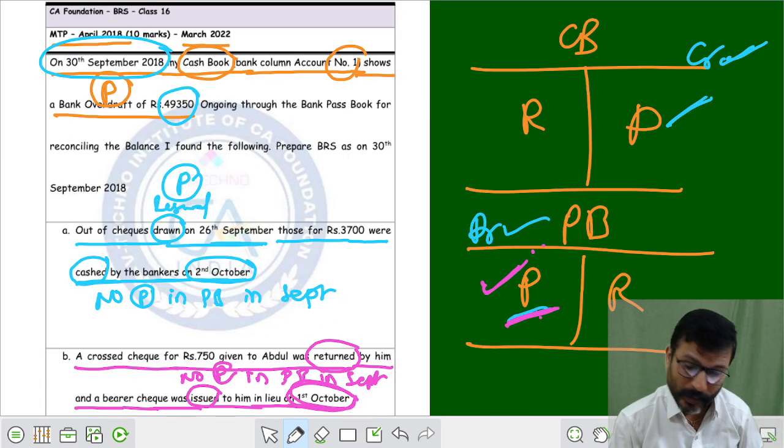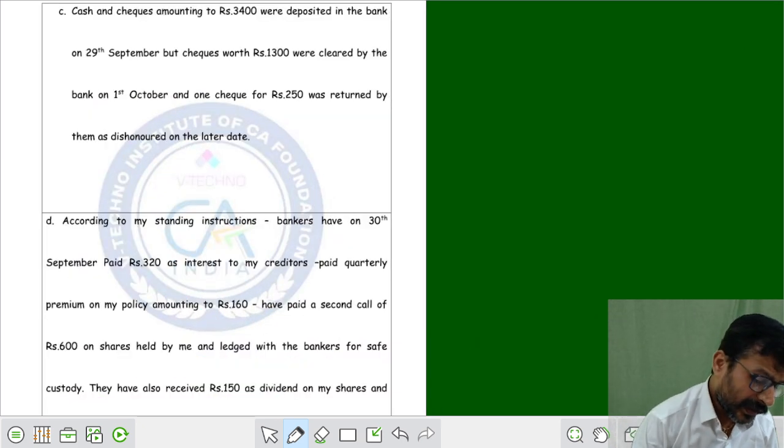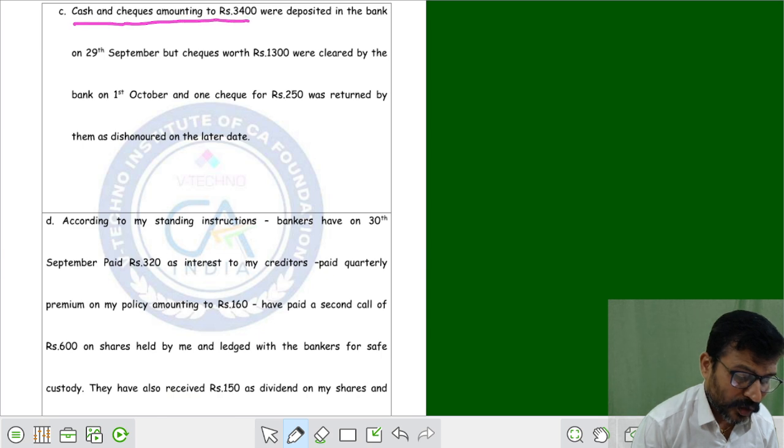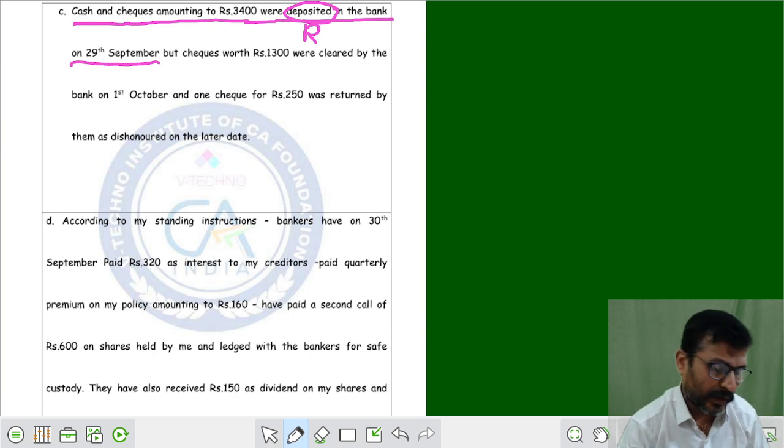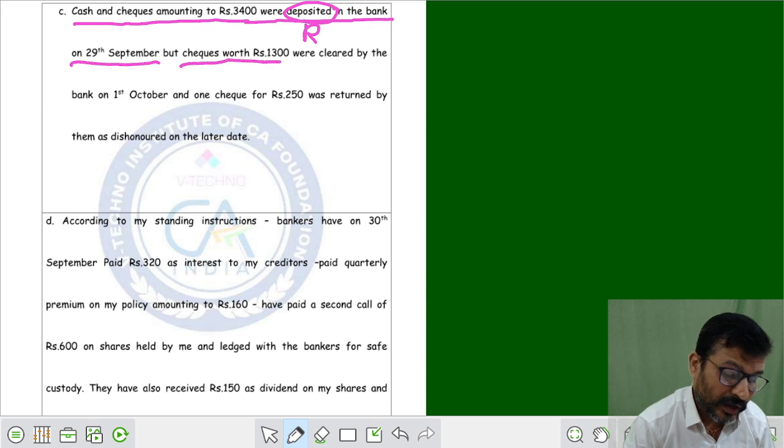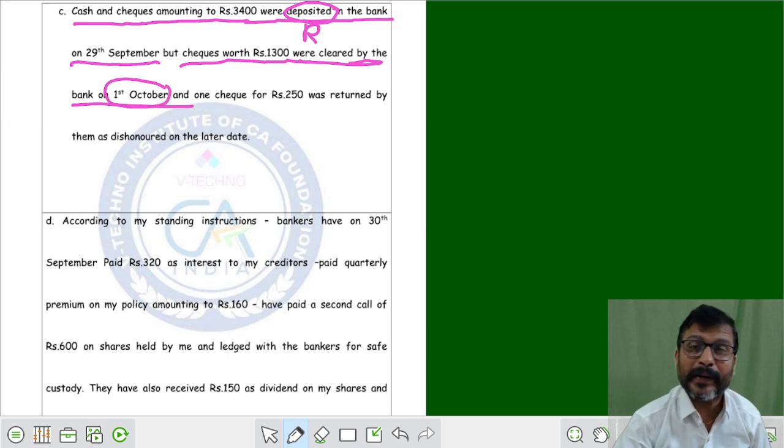See what is there in the problem. Cash and checks amounting to rupees 3,400 deposited. What do you mean by deposited? A receipt in the bank on 29th September, in our month only. But checks of 1,300 were cleared by the bank on 1st October. What happened here?